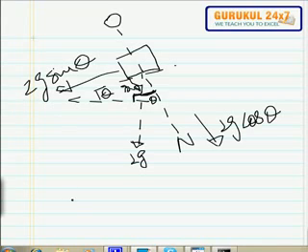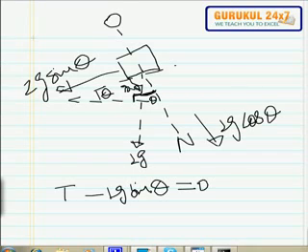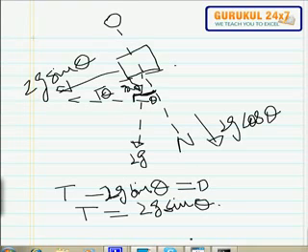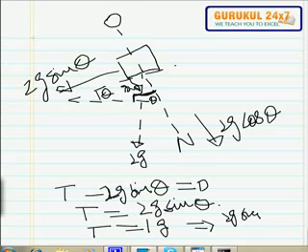So that means from the free body diagram we have T minus 2g sine theta equals 0, because the 2 kilogram object is not going anywhere. So from here we have T equals 2g sine theta. Now T is also equal to 1g. So this implies 2g sine theta equals 1g, because tension is the same.